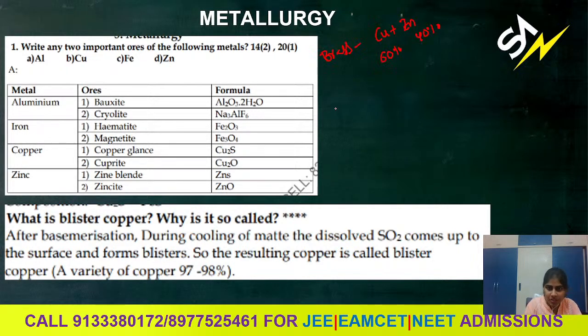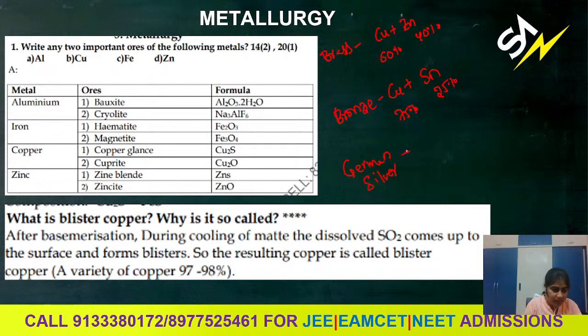And one more composition, that is bronze, which consists of copper and tin, 75% and 25%. Next composition is German silver.